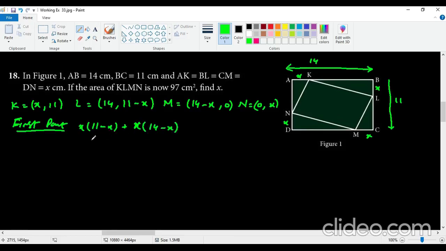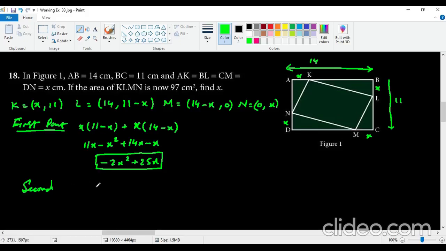These two are the points when added together to get you 11x minus x square and plus 14x and minus x. So these two are going to give us minus 2x square and 25x. This is going to be the outcome for this point. Now when it comes to the second part of the question, it says that 11 multiplied by 14 plus 11 minus x and 14 minus x.